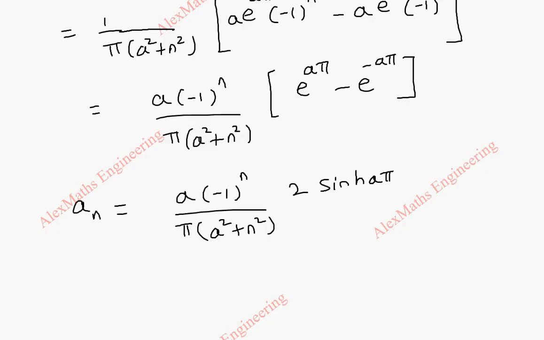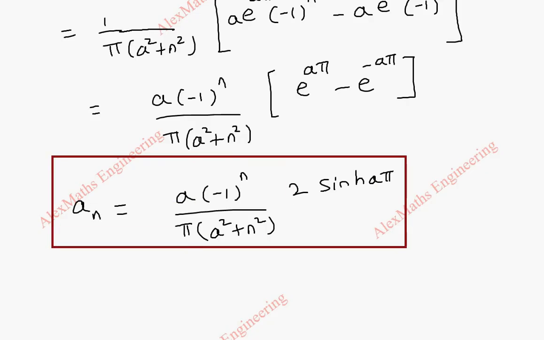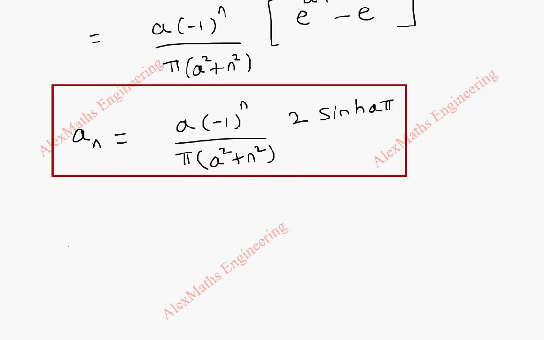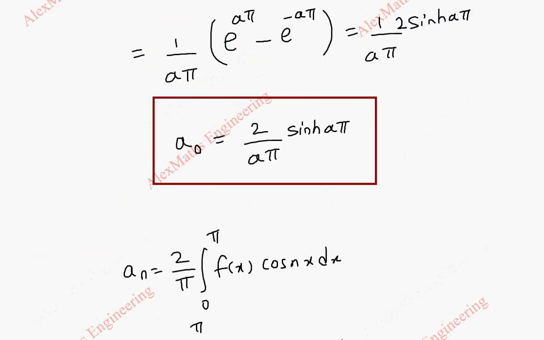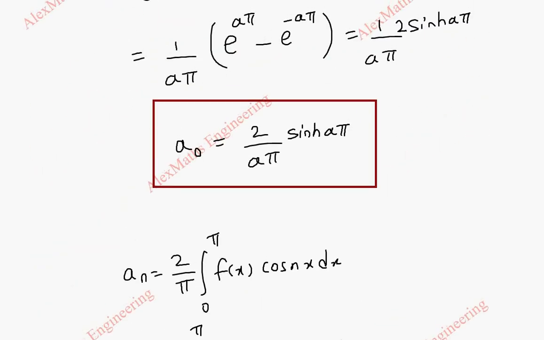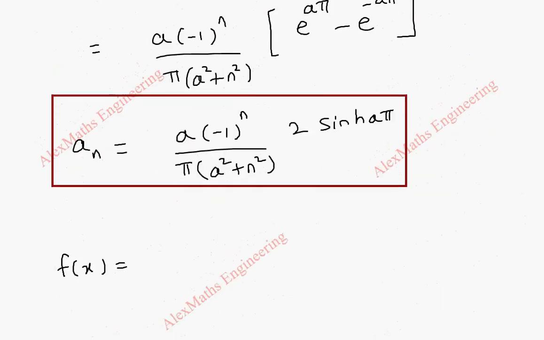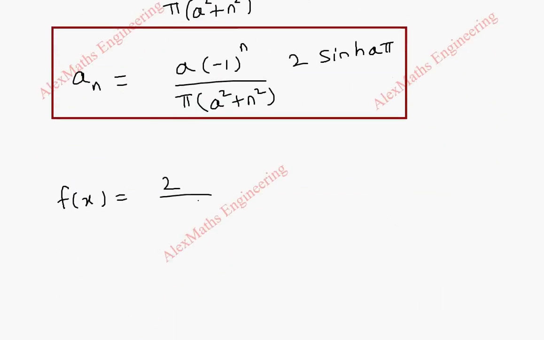After getting a0 and an, we have to substitute that in the f of x formula. So f of x equal to a0 by 2. a0 we have 2 by a pi into sin h a pi. So 2 by a pi into sin h a pi by 2.